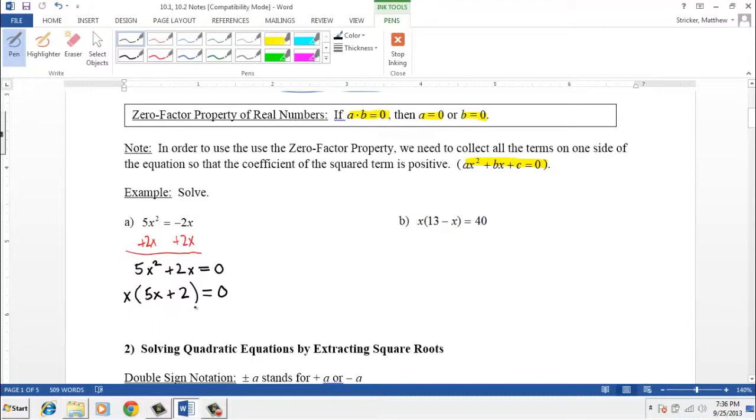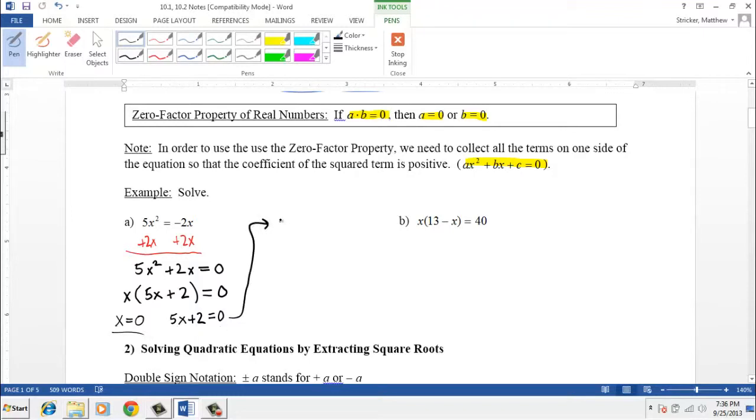So the way we go ahead and solve this equation is we set the first factor equal to 0, which is the x. x has to equal 0, or 5x plus 2 has to equal 0. The first one is pretty much already done, but the second one is going to require some more work.